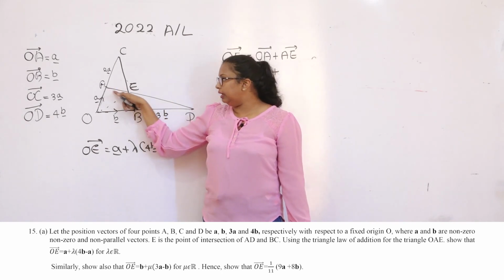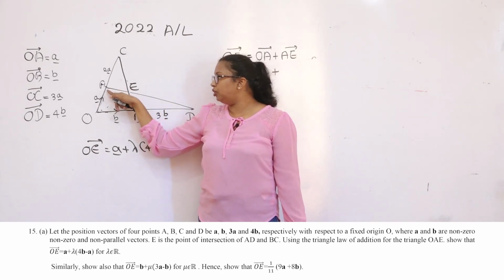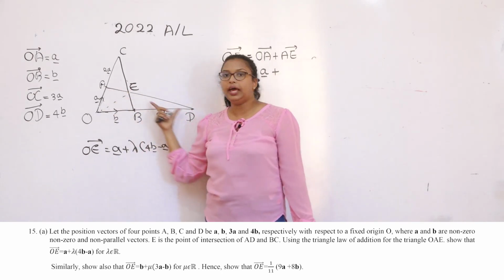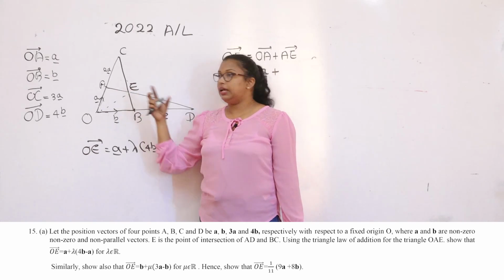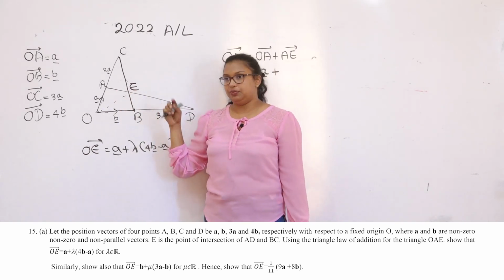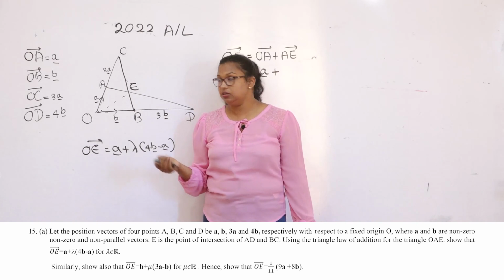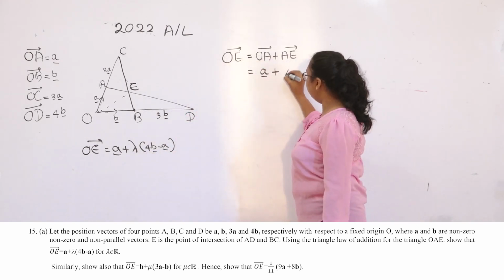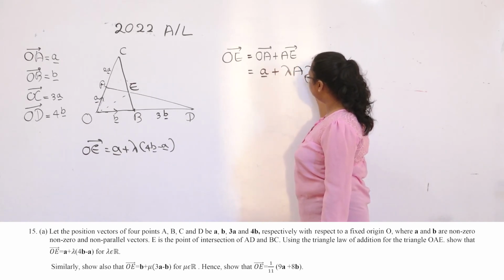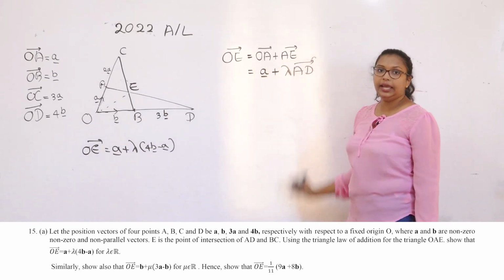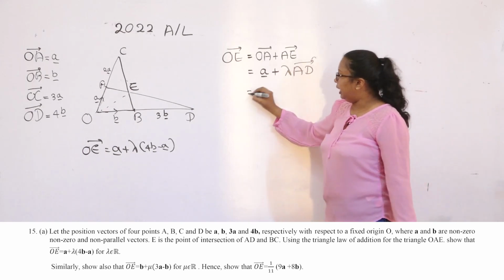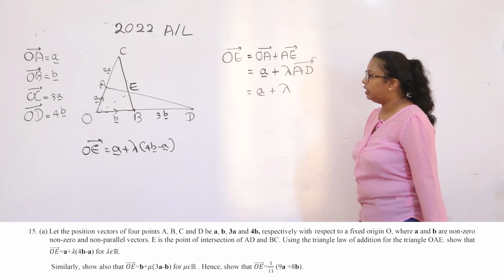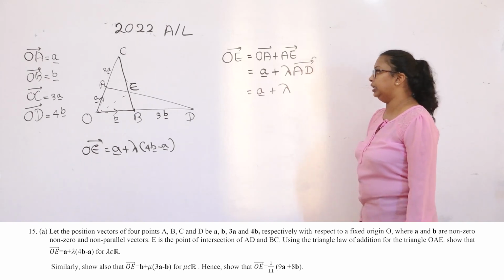You can see that AE is a part of the line AD. So we can write it as a fraction of AD. We don't know the fraction, we don't know the ratio, so I am going to use lambda. So AE equals lambda AD, A plus lambda AD.